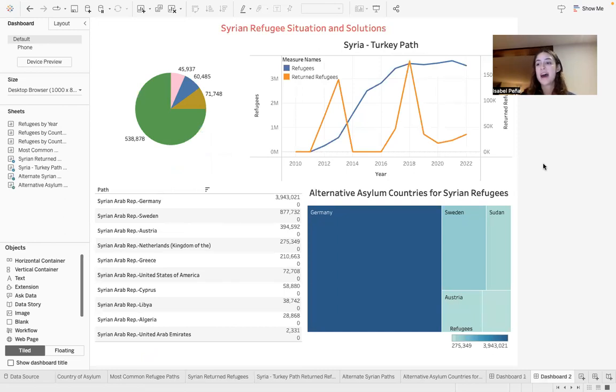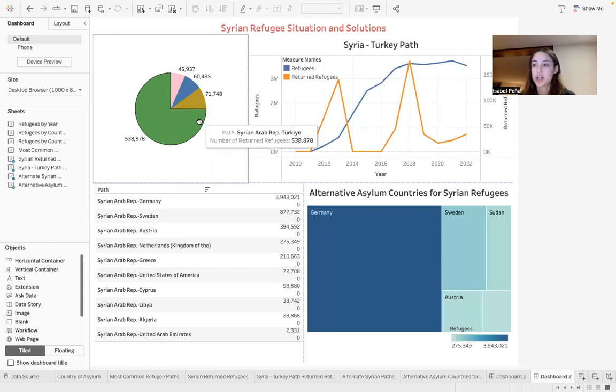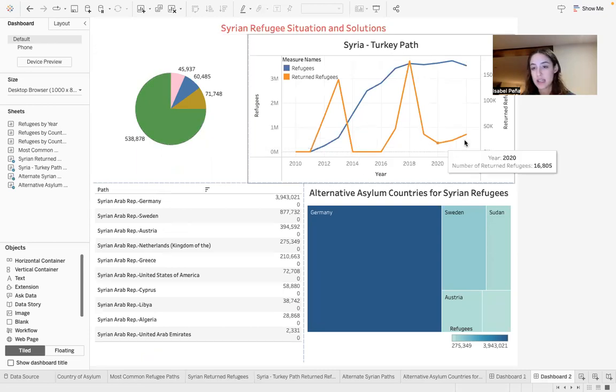As we can see in this first pie chart, Turkey is the country with the highest number of returned Syrian refugees. In 2022, as we can see in this second graph, which is the Syria-Turkey path, 1 out of every 100 persons who sought asylum in Turkey from Syria were returned.